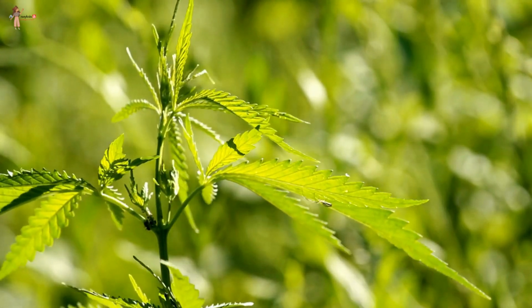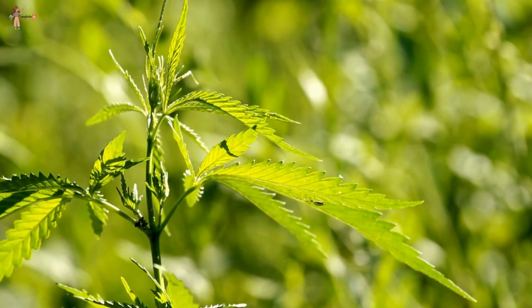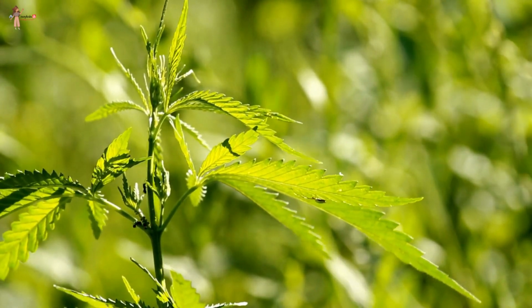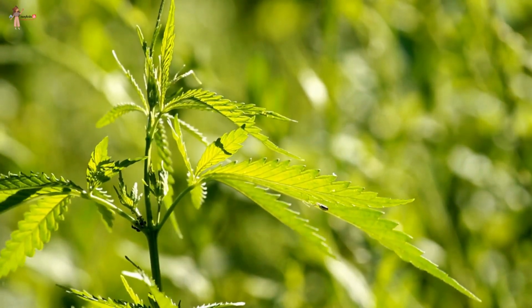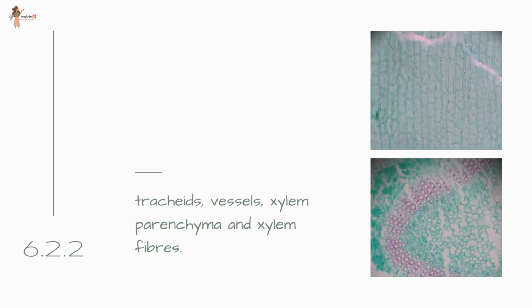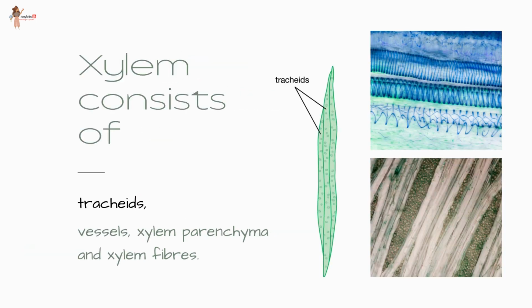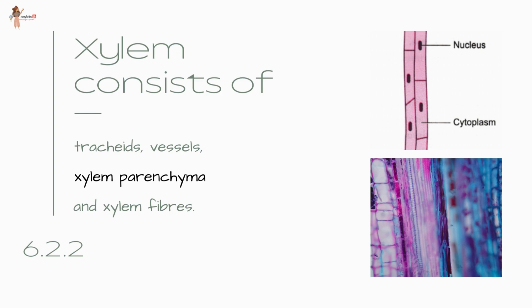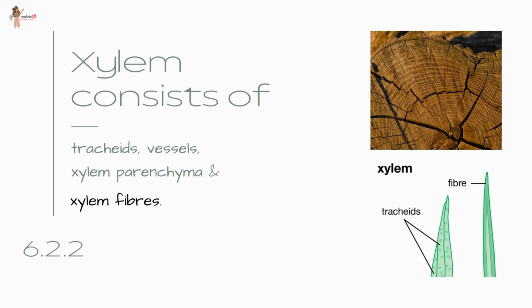Vascular tissue is a distinctive feature of the complex plants, one that has made possible their survival in the terrestrial environment. This is a section of stem. Different types of cells can be seen in the vascular bundle. Xylem consists of tracheids, vessels, xylem parenchyma, and xylem fibres.